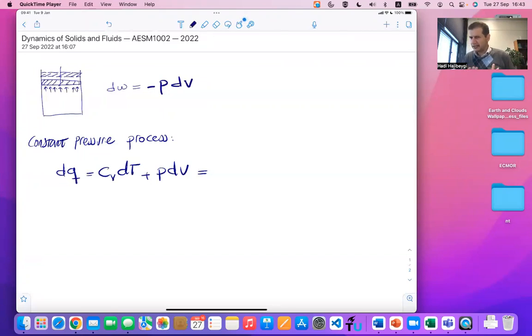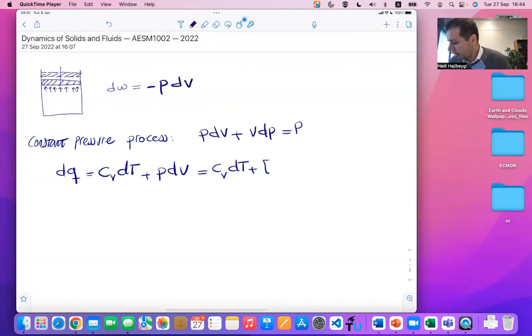Now here dP is zero, not dv. So I rewrite it as Cv dT plus, now I need to write P dv, but as I said in the gas law, P dv plus v dP was R dT from the slide that I just showed. So I am going to substitute P dv here with this term, which is equivalent here.